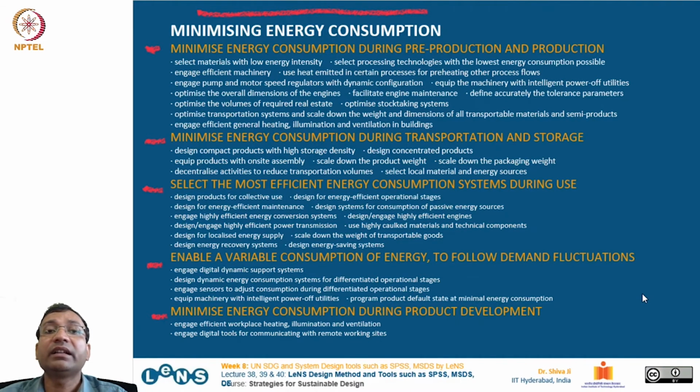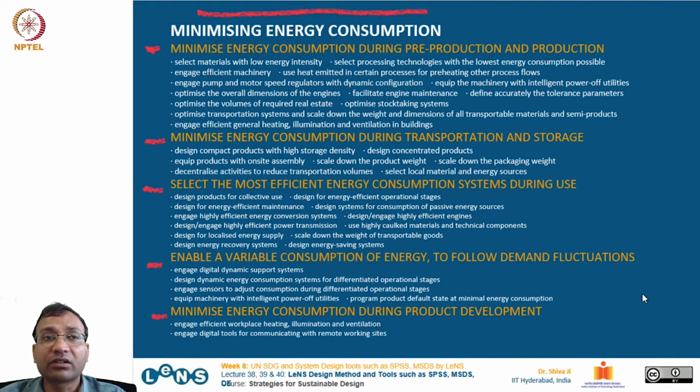The energy intensity of the product's materials should be lower. As we have discussed, alloys and polymers are really energy intensive materials. They consume a lot of power and energy in their production stages. So if it is possible to go for alternative materials instead of such energy intensive materials, we must go for those.